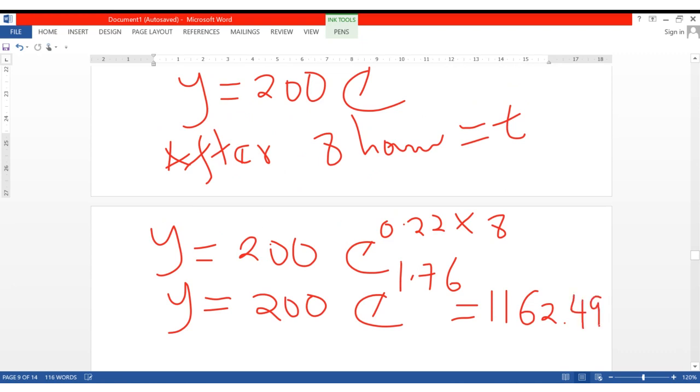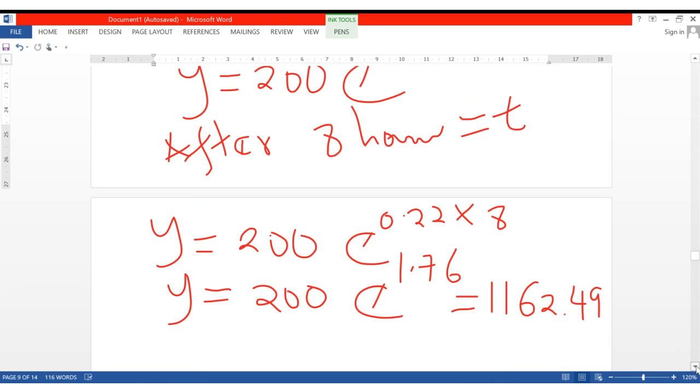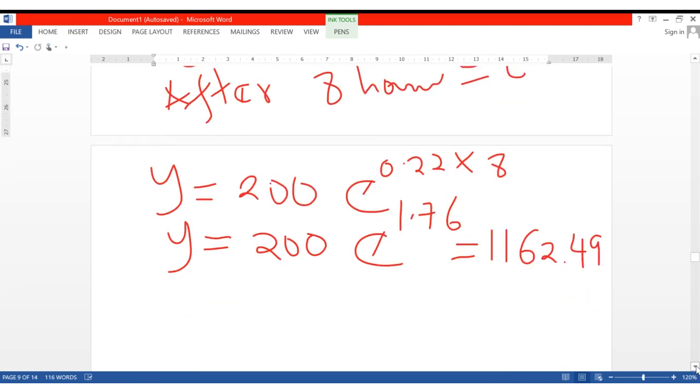That is the number of bacteria I'm getting. But we said the number of bacteria, they are like human beings. We cannot work with decimals, so I will round off backwards. And I'll be able to get 1162 bacteria, approximately 1162 bacteria.